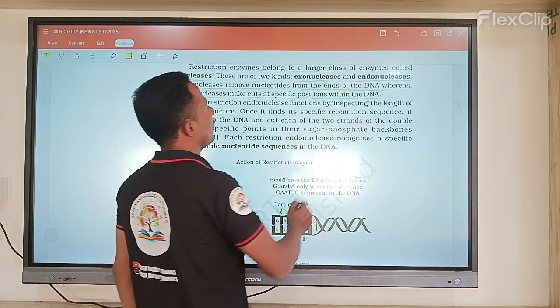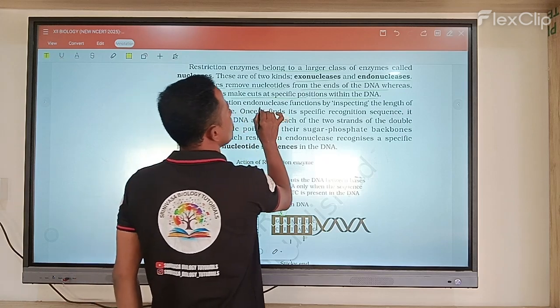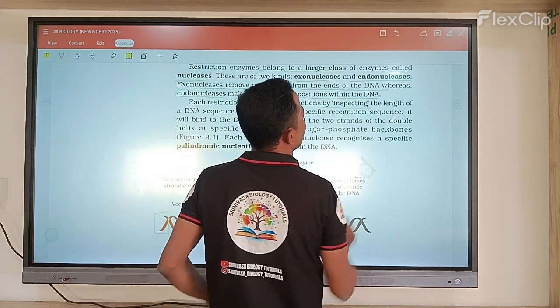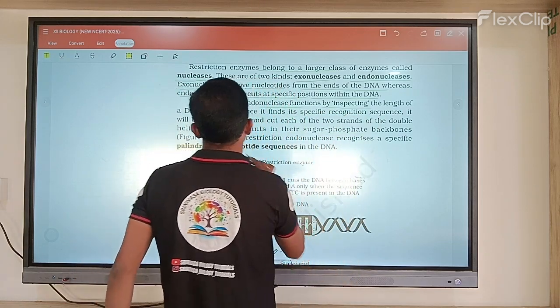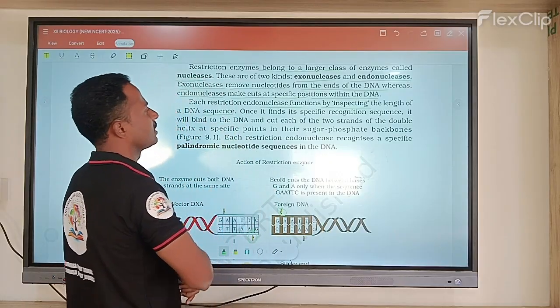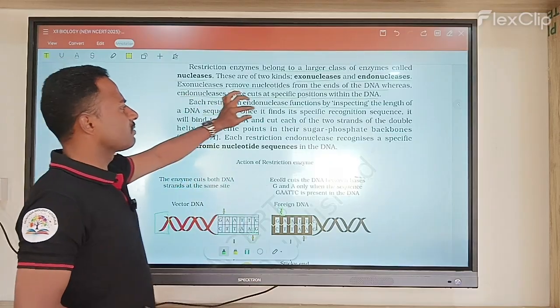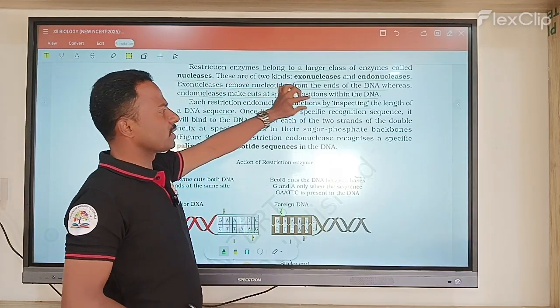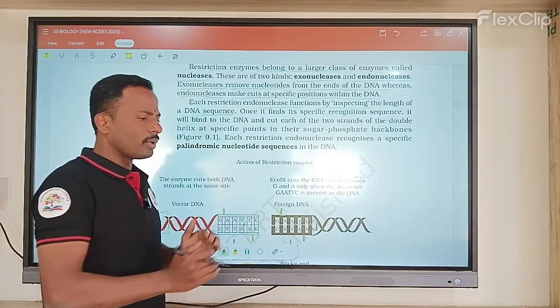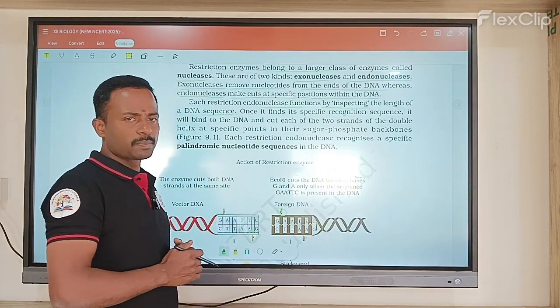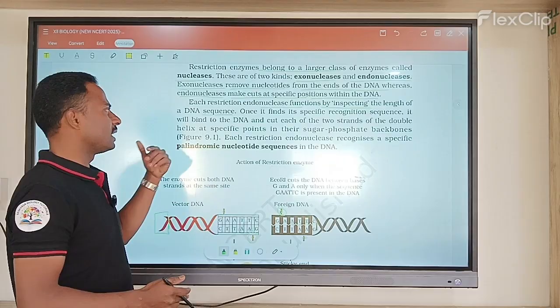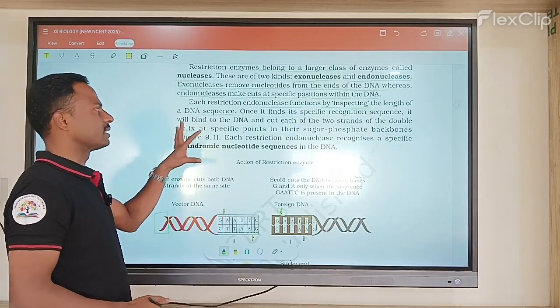Next, each restriction endonuclease functions by inspecting the length of the DNA sequence. The first function is inspecting which sequence is present and what the length of the DNA sequence is.